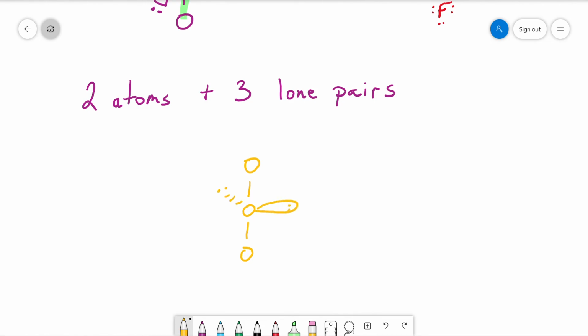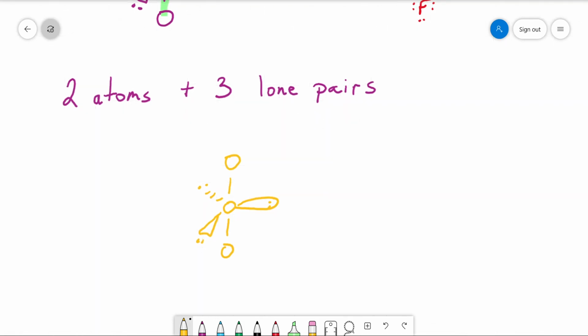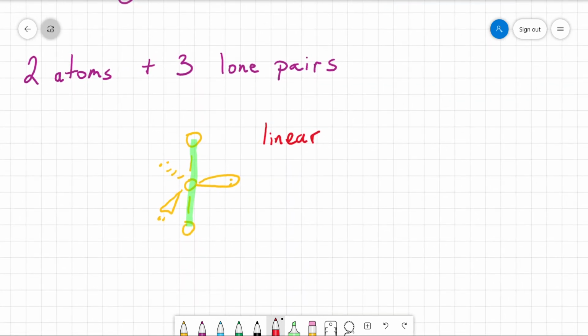I'm not going to ask you to draw structures like this. Don't worry about exactly the way I'm drawing it. I'm trying to depict it as best I can in terms of the actual geometry, but I don't ask you guys to draw them like that. Okay, and I think you can see what this shape is going to be called. It's just simply linear. But notice it's a different linear than the one with just 2 atoms.